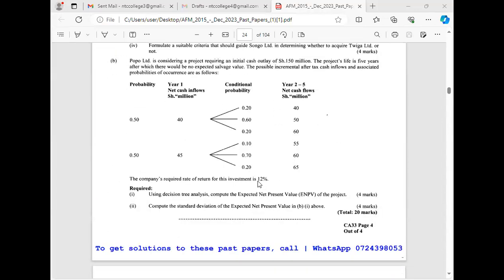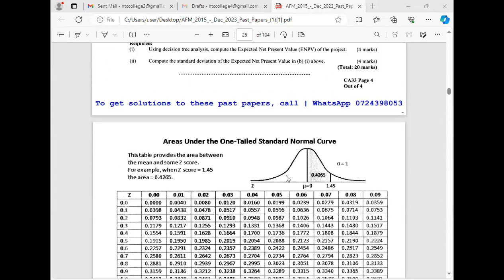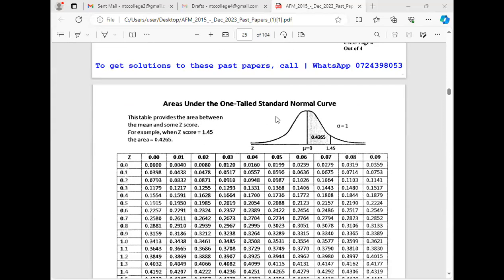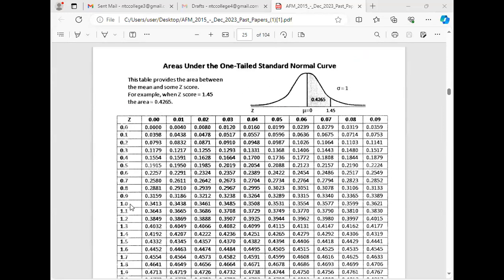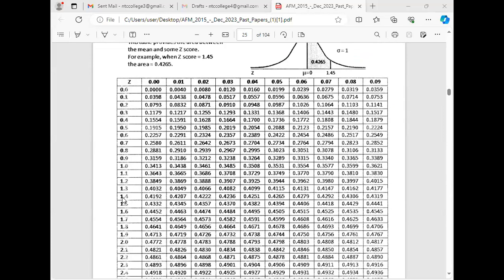You will see a table. A table looks like this. This is a normal distribution table. Here the mean is called mu. This sign is called mu. So if this is the mean, then now you look at the z-score values. In this case, we have 1.4. So you come to 1.4, and then you look at the column of 1 here.